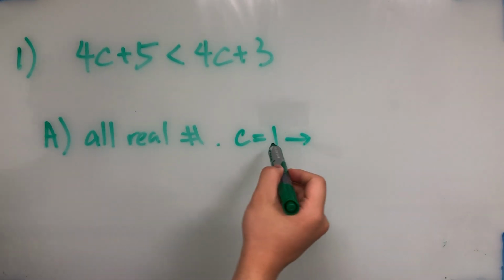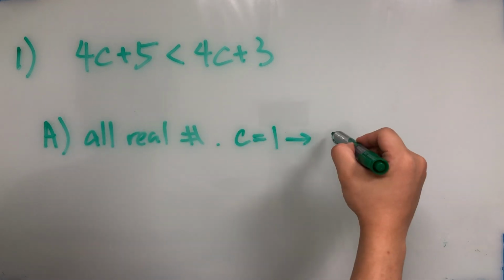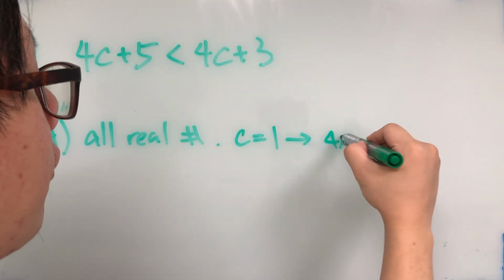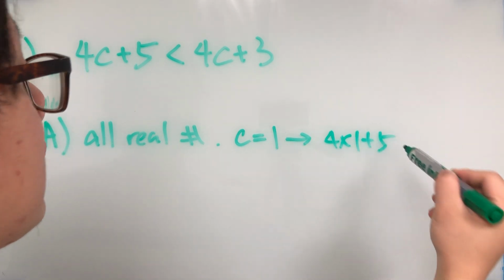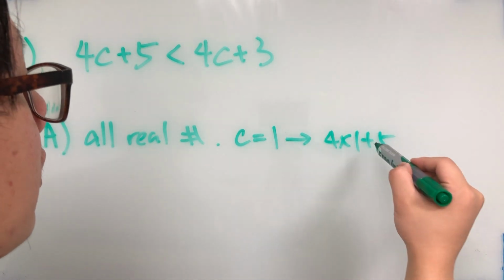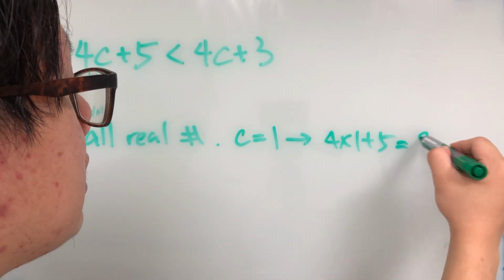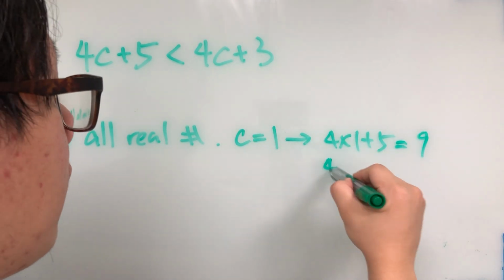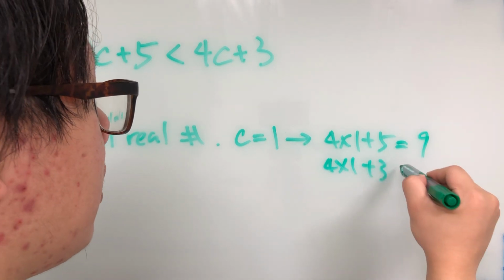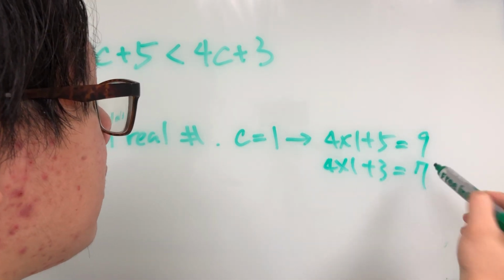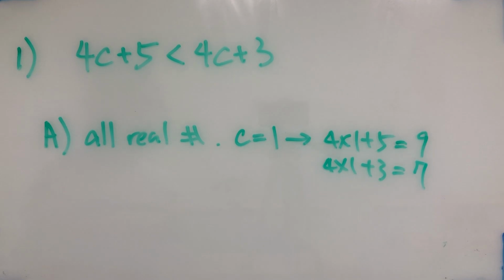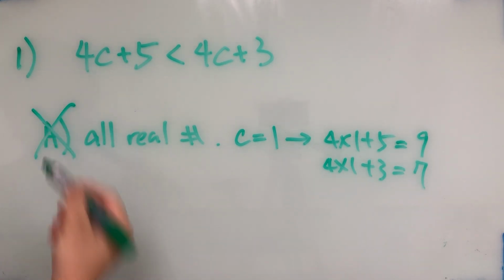And you're gonna find out 4 plus 5, and this is 9, and 4 plus 3 is 7. So apparently 9 is not smaller than 7. So our real number is wrong. So this is wrong, right?